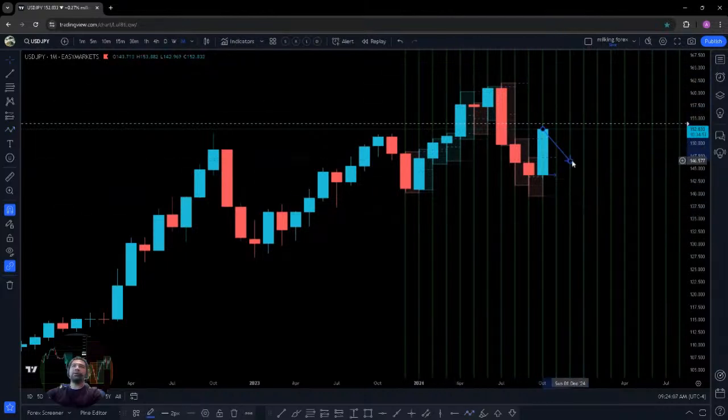right? On the other hand, there could be a full-time rejection out here taking the price towards the downside, which doesn't seem very convincing.